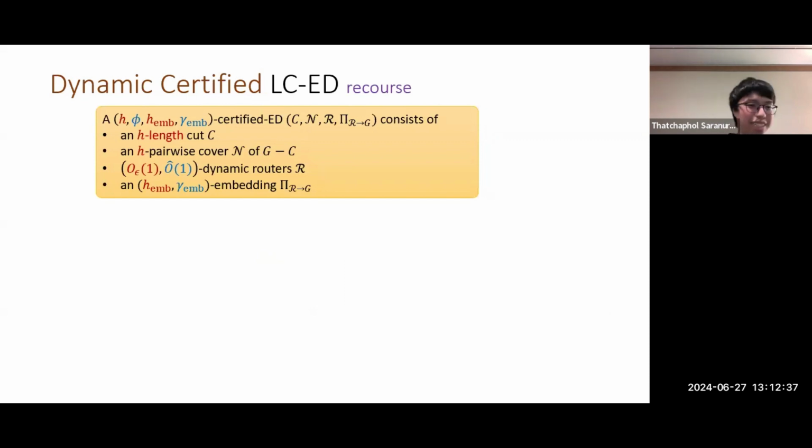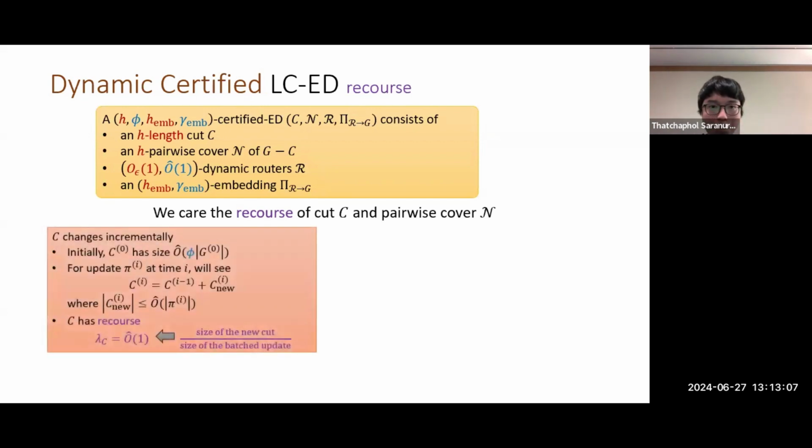And also we care about the correctness of the algorithm, but the most important thing is that we care about the recourse of this certified ED during the maintenance. So to be precise, we care about the recourse of the cut C and the recourse of the pairwise cover N. As we will see, this will propagate to the dynamic router and the dynamic vertex sparsifiers.